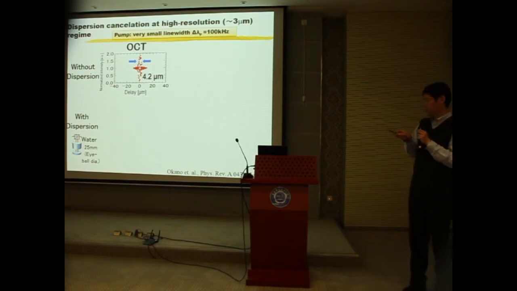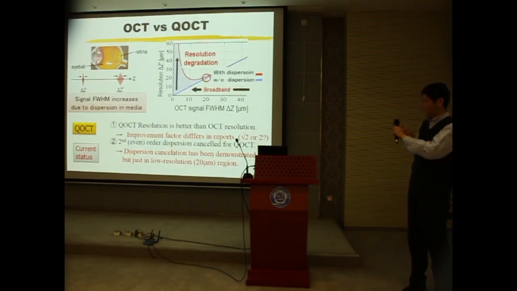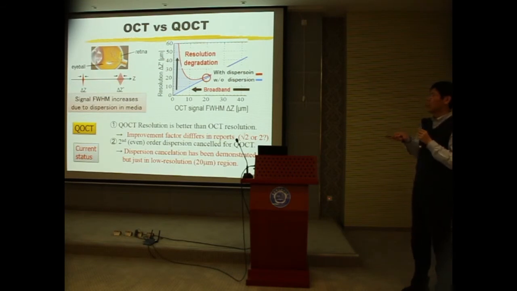I don't have the slides about this issue, but we found that this enhancement factor depends on the shape of the spectrum of the entangled photons. If it's rectangular, the enhancement factor is 2, and if it's Gaussian, it should be square root 2.